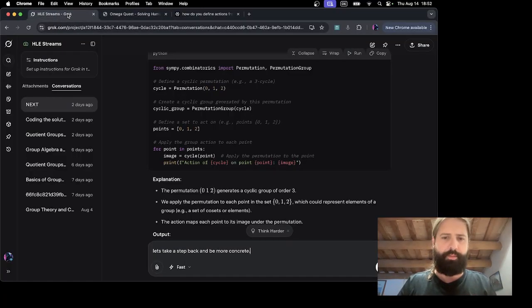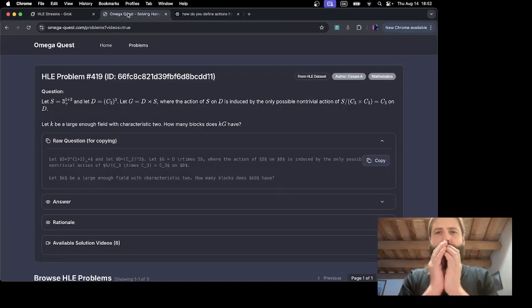Can you define C3 and C2 in SymPy, and then the action?